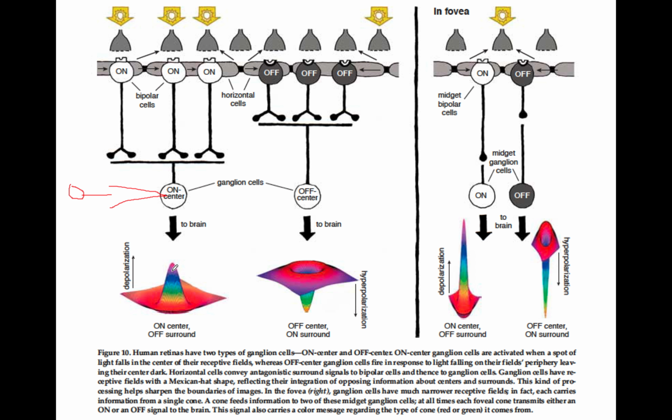You can see the color changes here representing the different levels of depolarization. And then the x and y-axis are simply where the stimulus is being placed on the retina, on the visual field. So if you shine the light right here, for example, that would correspond maybe to this region right here. If you move your light over and you shone it over here, then that would correspond to somewhere over here.